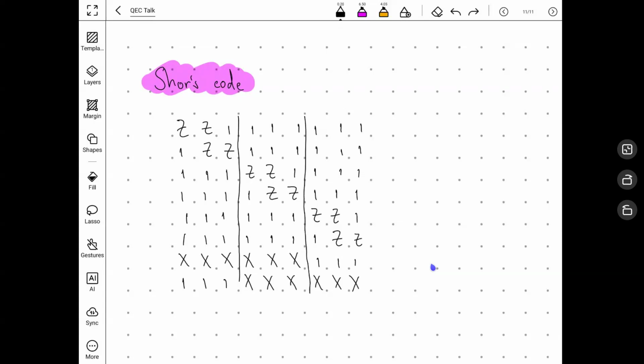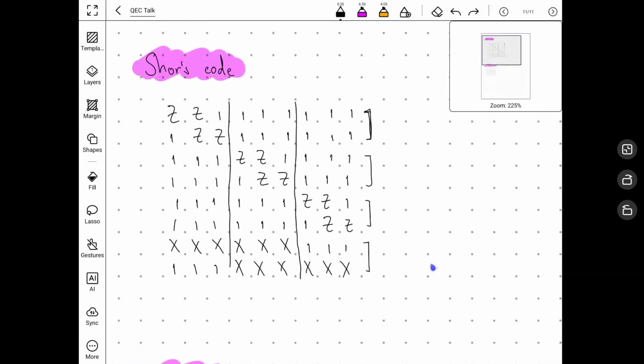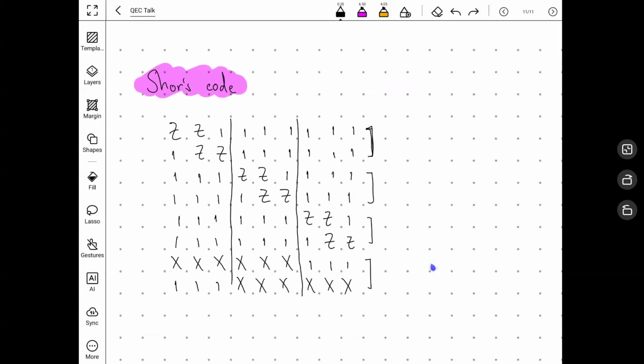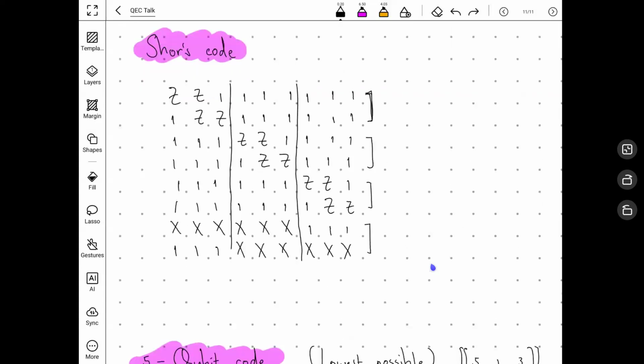So the first two represent the parity measurement from the first block. This one represents the parity measurement in the second block. This one, the third, and this one measures the overall phase of each block and compares the phase of each block. That way, these stabilizers just represent the Shor code in general.